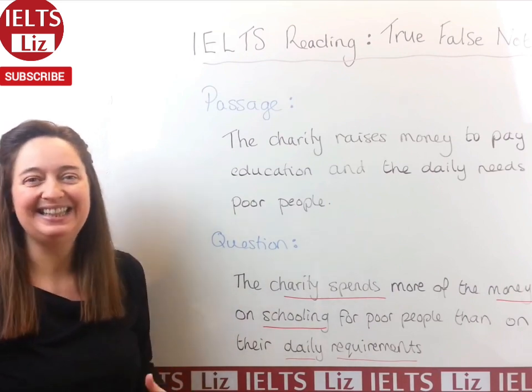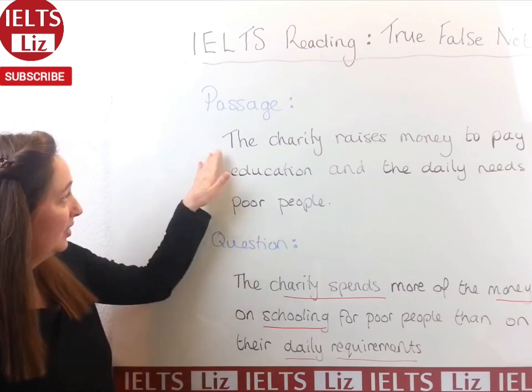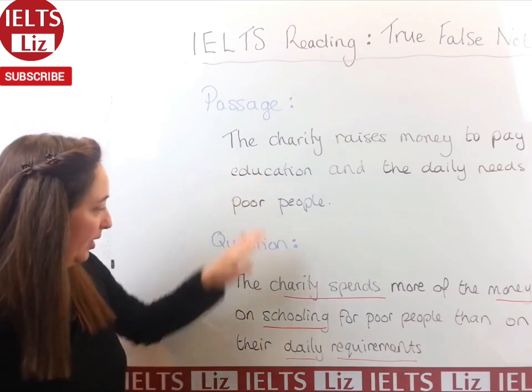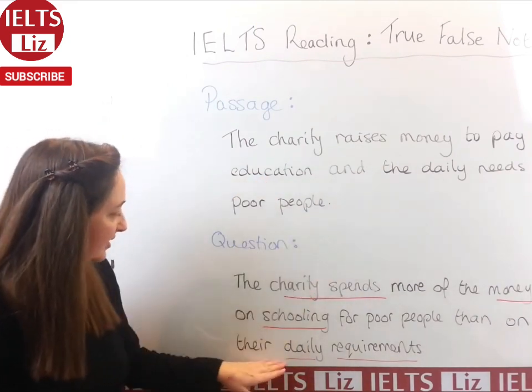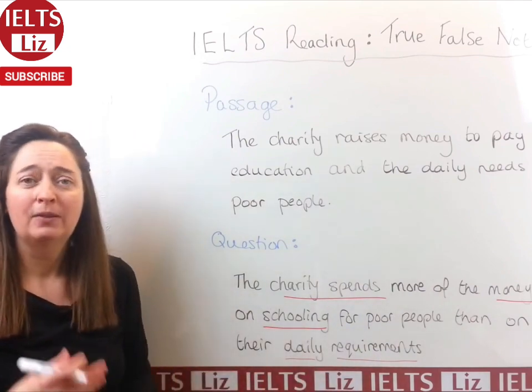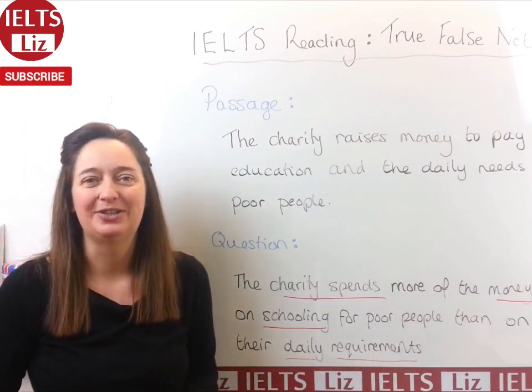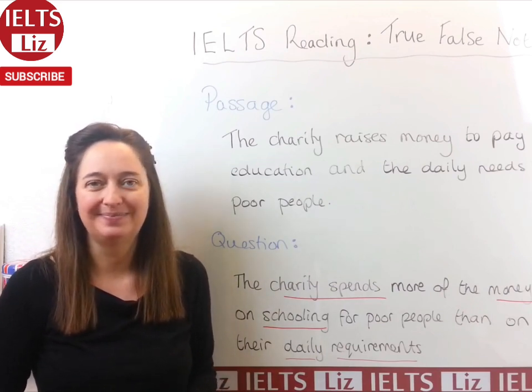So again, in this statement, we have a lot of similar words. The charity raises money to pay for education, schooling, and the daily needs, the daily requirements of poor people. So we have a lot of matching information. Again, what do you think? True, false, or not given?